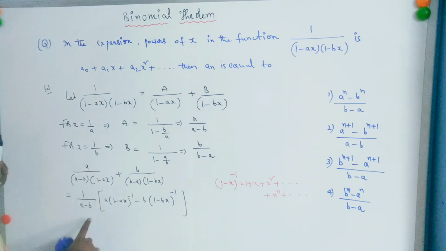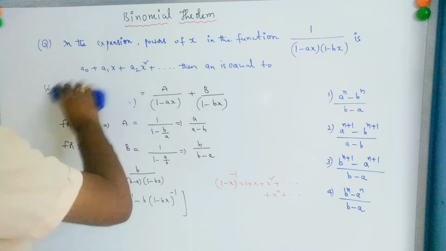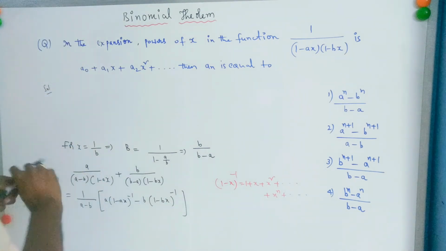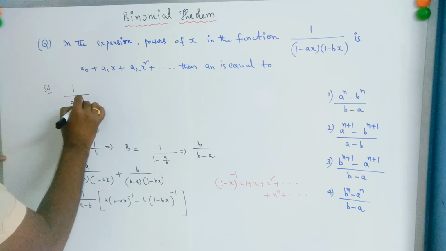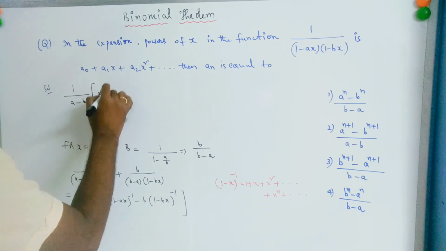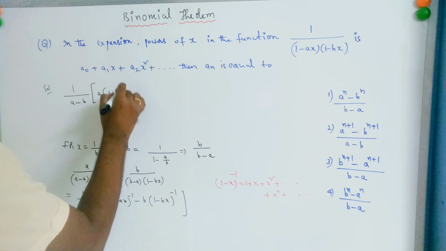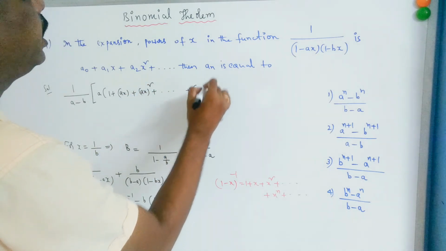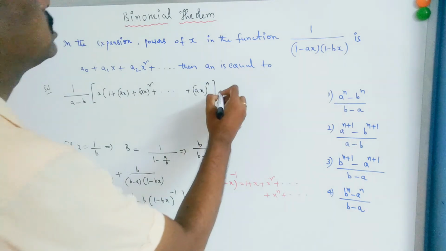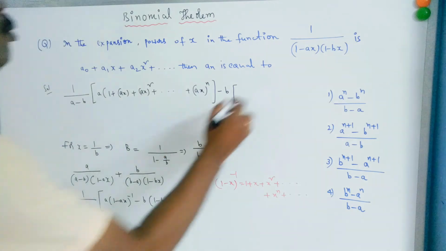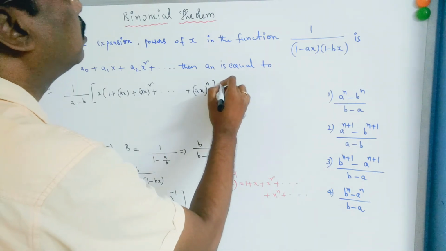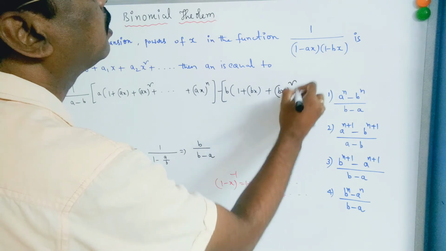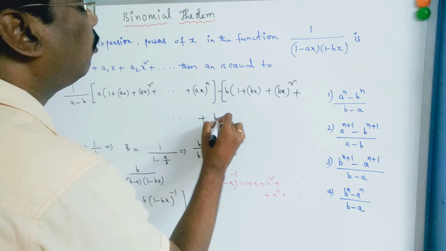Now 1 by a minus b into, now a into (1 plus ax plus ax whole square plus up to so on ax power n) minus b into (1 plus bx plus bx whole square plus up to so on, bx power n).